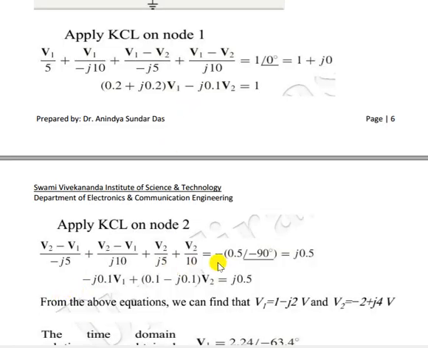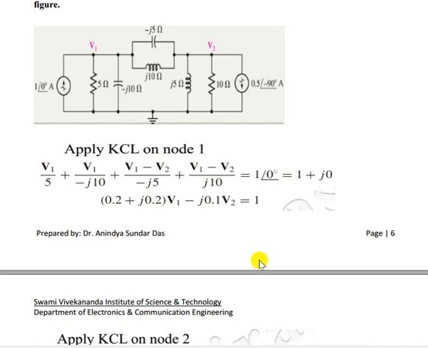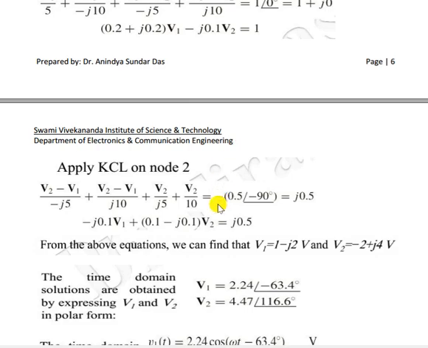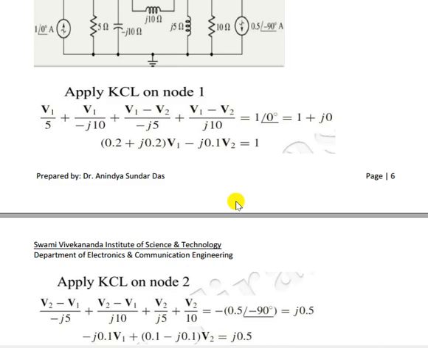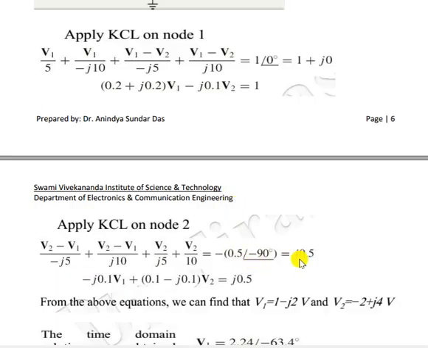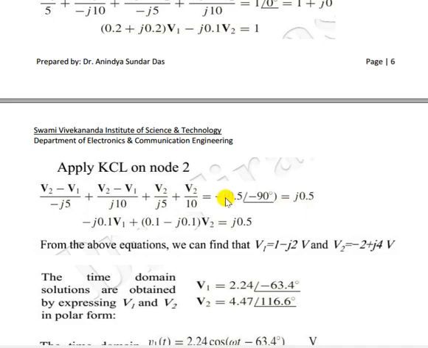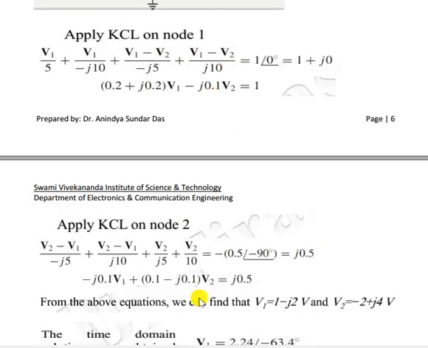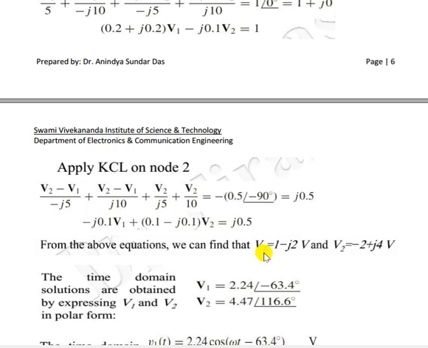This current is also leaving, that we can consider as J5 value. And if you solve, we will get this expression. Then from these two equations, we can find out the value of V1 and V2.